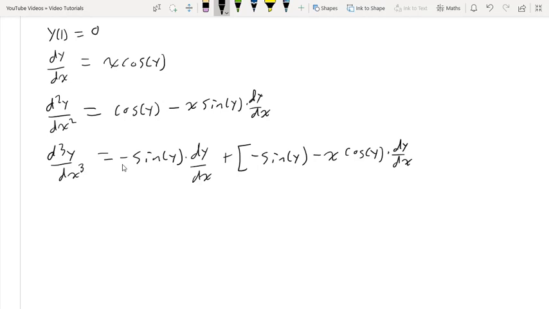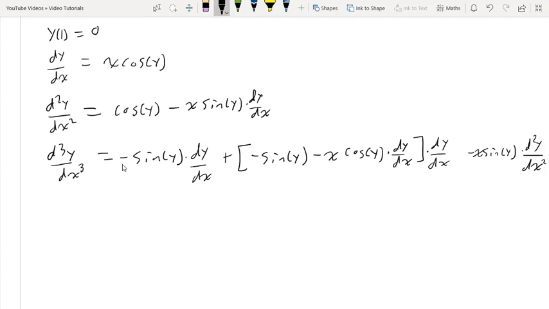This is using the product rule and the chain rule. Then that's times dy by dx, and then minus x sine y times the second derivative of y with respect to x. So obviously the derivatives get quite nasty here, and you wouldn't really want to go by hand any further than the third derivative.